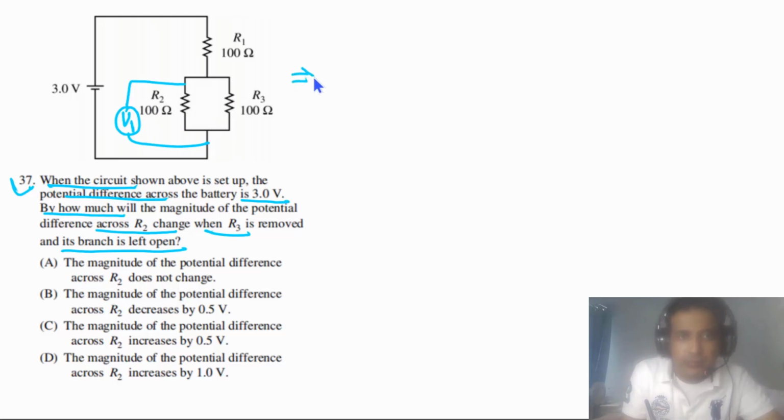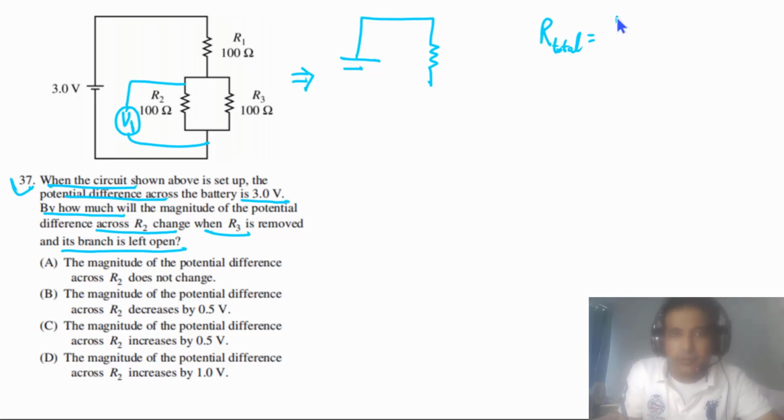We can redraw this circuit. So we have one cell, this is 3.0 volts, and we have one resistor here. As these two resistors are connected in parallel, the total resistance, R total, of these two resistors connected in parallel will be equal to R2 multiplied by R3 divided by R2 plus R3.